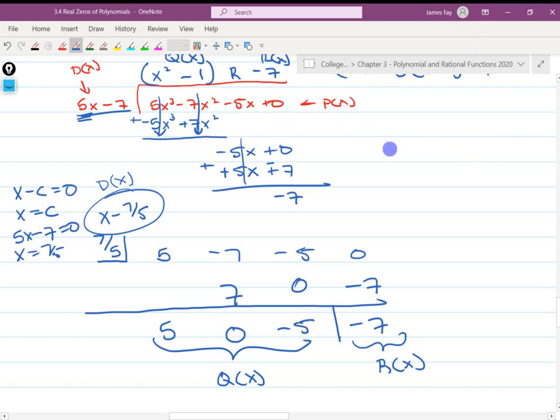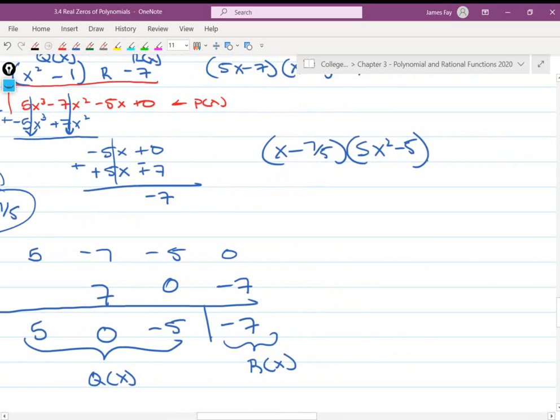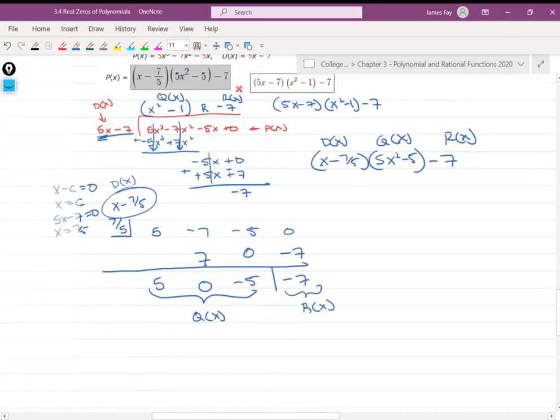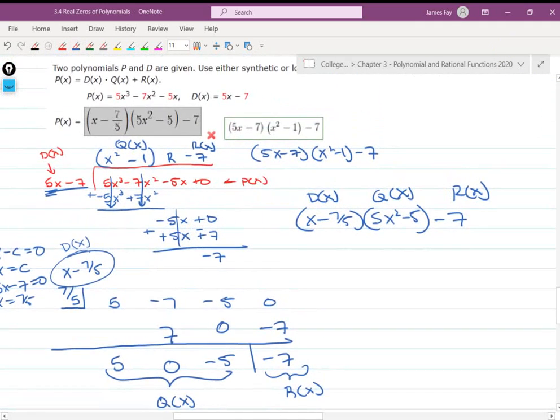Now here's the issue. If I consider that d of x, this q of x, and this r of x, x minus 7/5 times 5x squared minus 5 minus 7, where this was our d of x, this is what q of x was, and this is r of x, we are going to get something that was different than that right there, correct?